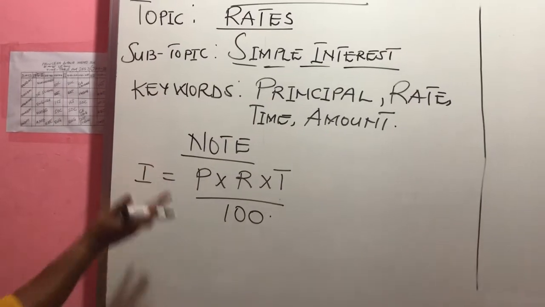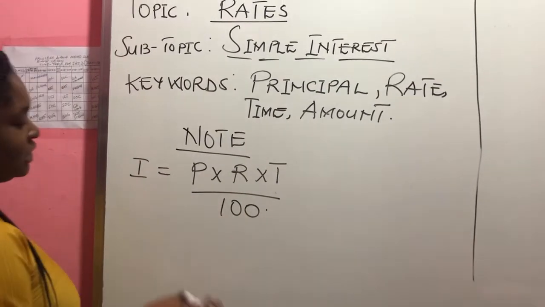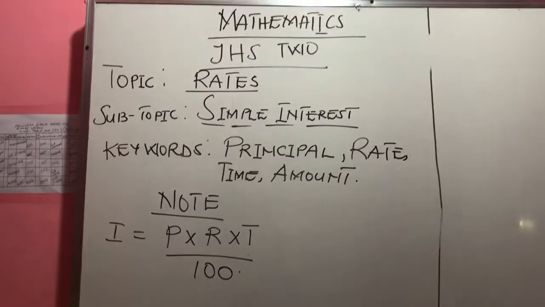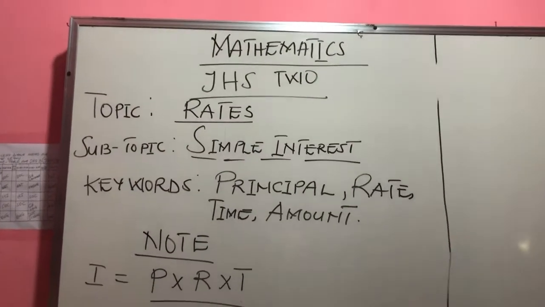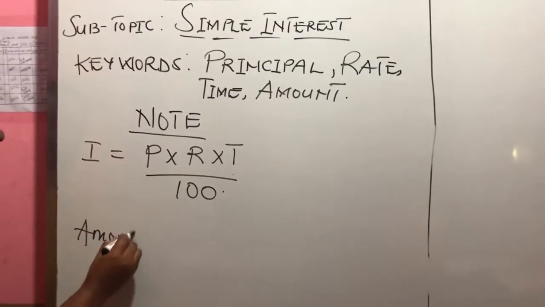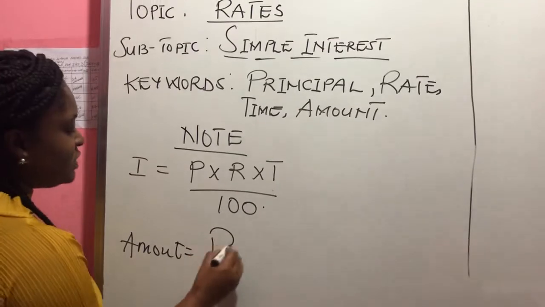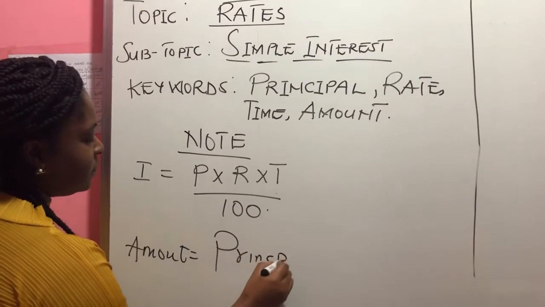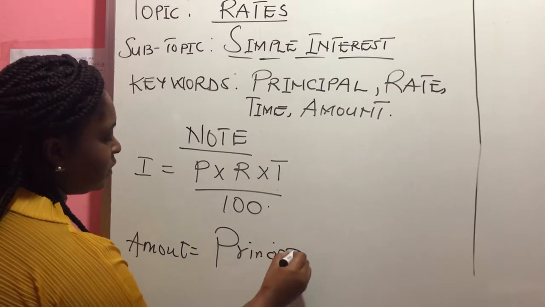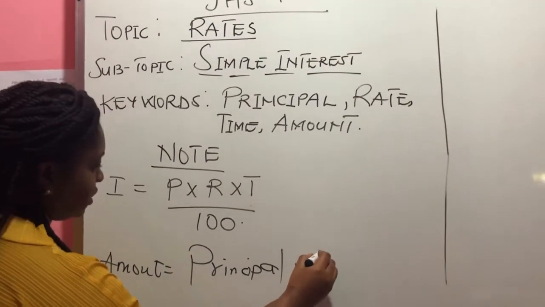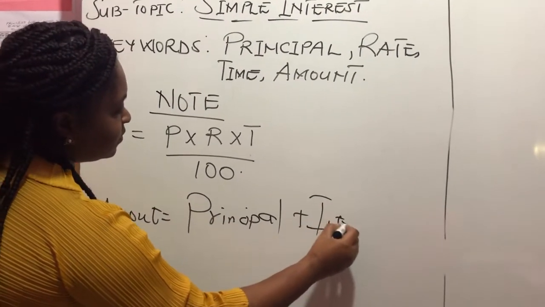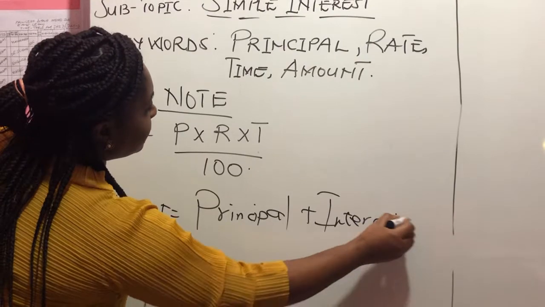And simple interest is in percentage, as we saw yesterday, so it's over 100. And another formula we looked at is amount is equal to what? Your principal plus the interest will give us the amount.